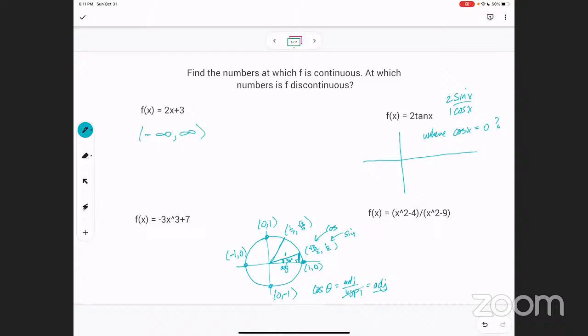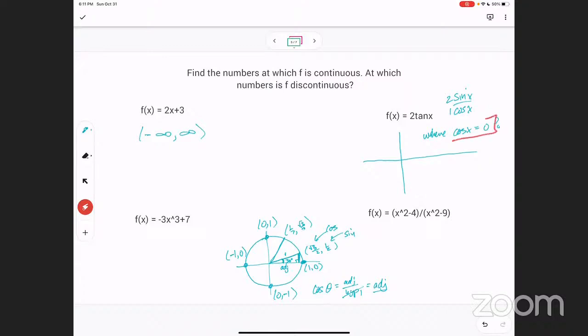We're dealing with the unit circle. This is the unit circle. What I'm basically telling you is, to find the tangent, you recognize the tangent is sine over cosine, and you're not allowed to divide by 0. So where is the cosine equal to 0? Wherever the cosine equals 0, that's going to be a vertical asymptote, and that's going to be a discontinuity.